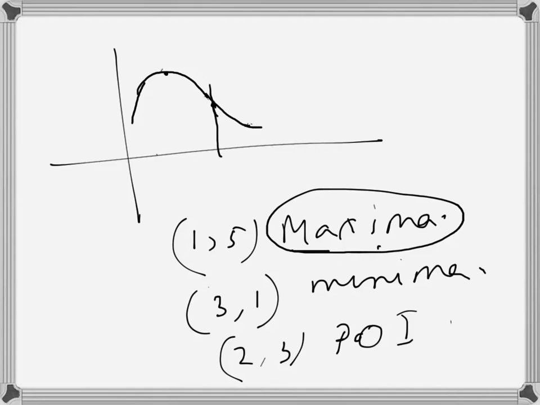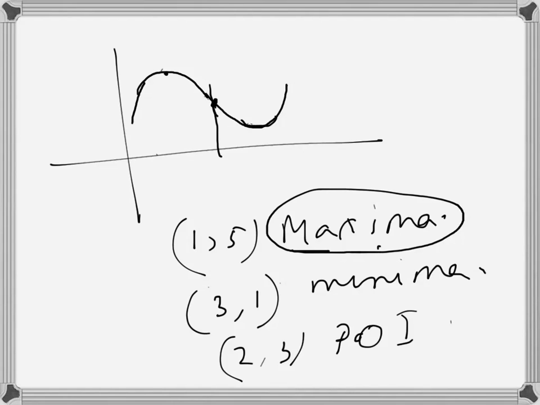So like that. At (3, 1), which is a minima, the second derivative is positive. Since it's a stationary point and the second derivative is positive, it's a minima. But even if it was not a stationary point, since the second derivative is positive, it means this is concave up here.